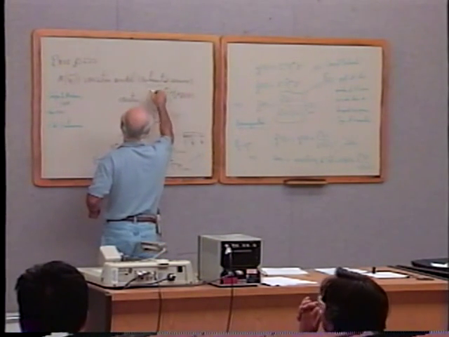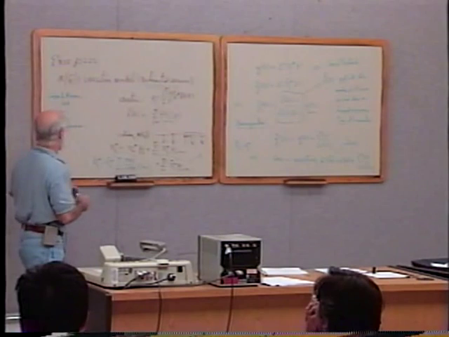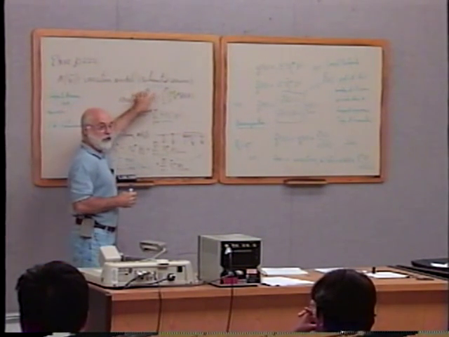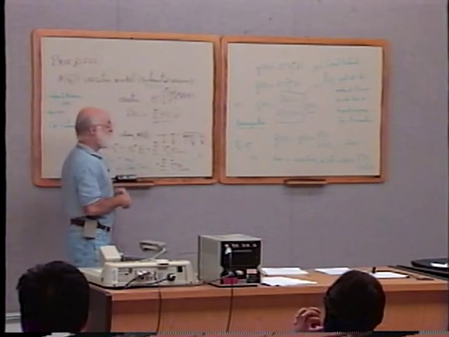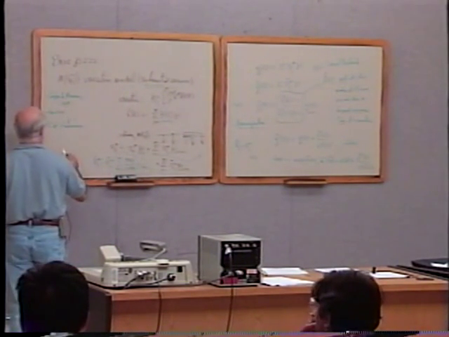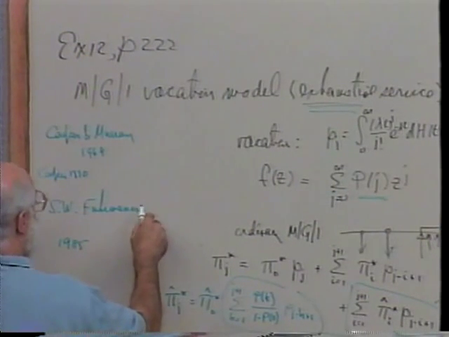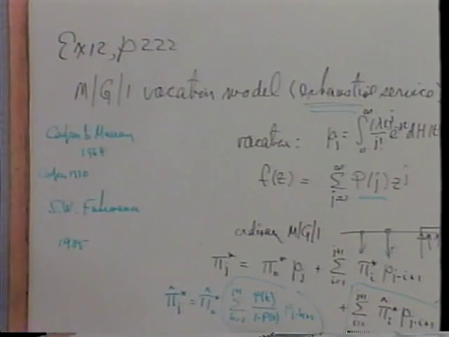And then he realized that actually you could get decomposition theorems for the case in which the service was not necessarily exhaustive. And so in 1985, we collaborated and wrote a paper together, called something like MG1Q with generalized vacations, by Fuhrmann and Cooper.